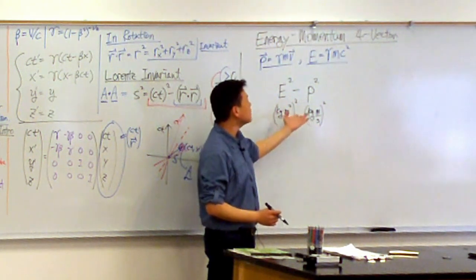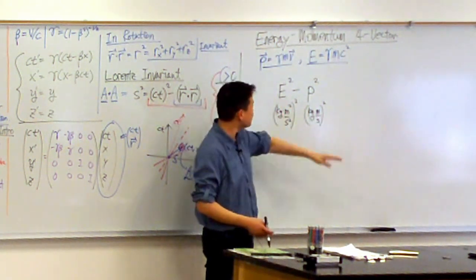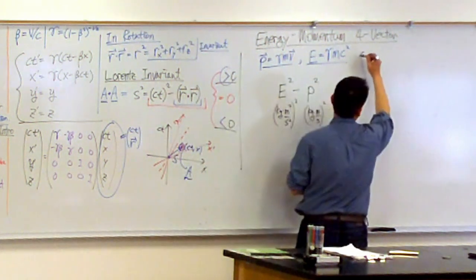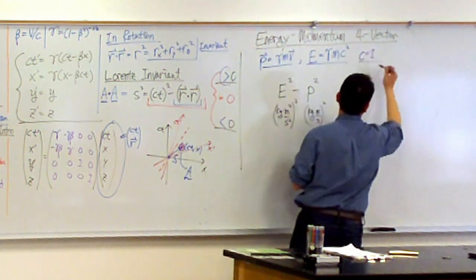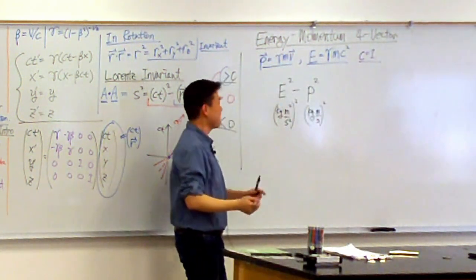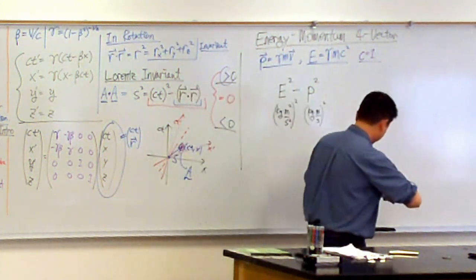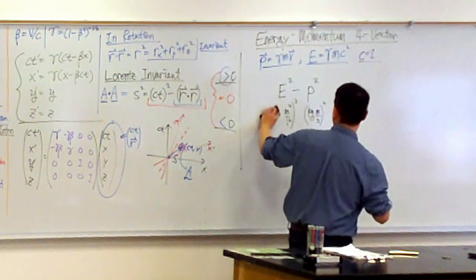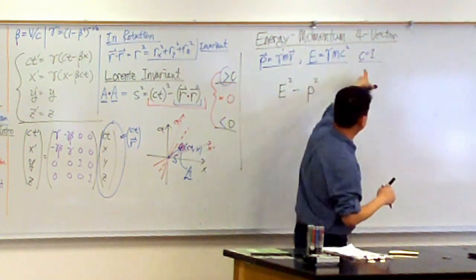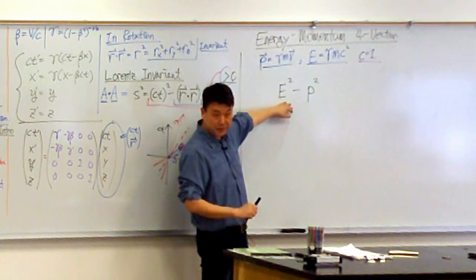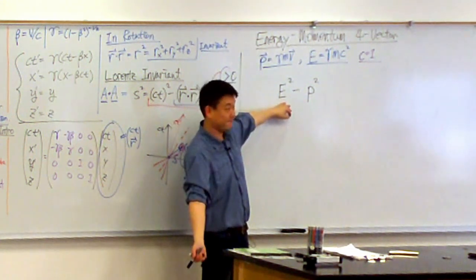So actually, depending on the literature you're reading, sometimes you will see this. It's the case where people are working with units of c equal to 1. If that's the unit you are working with, people will actually write that. But as I promised you guys at the start, I won't work in this unit. So what I do instead is I put in whatever factor of c necessary to make the units come out right.